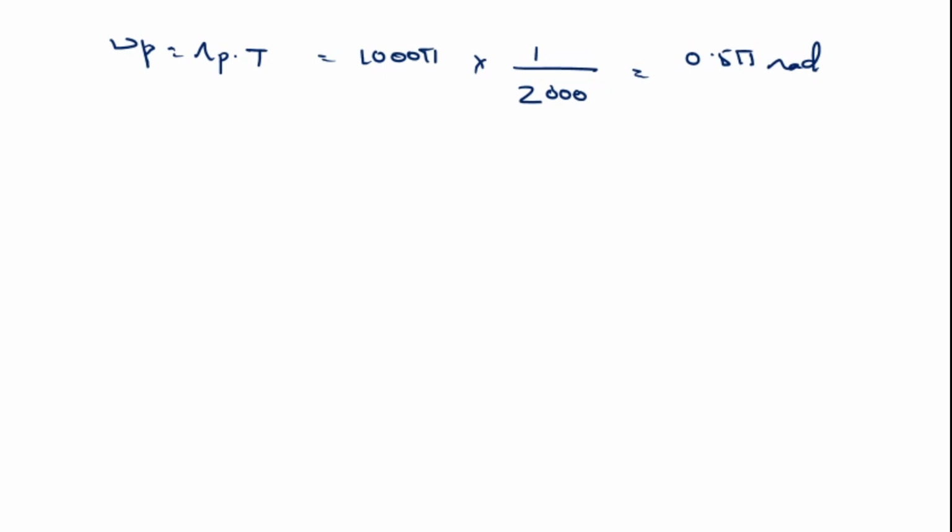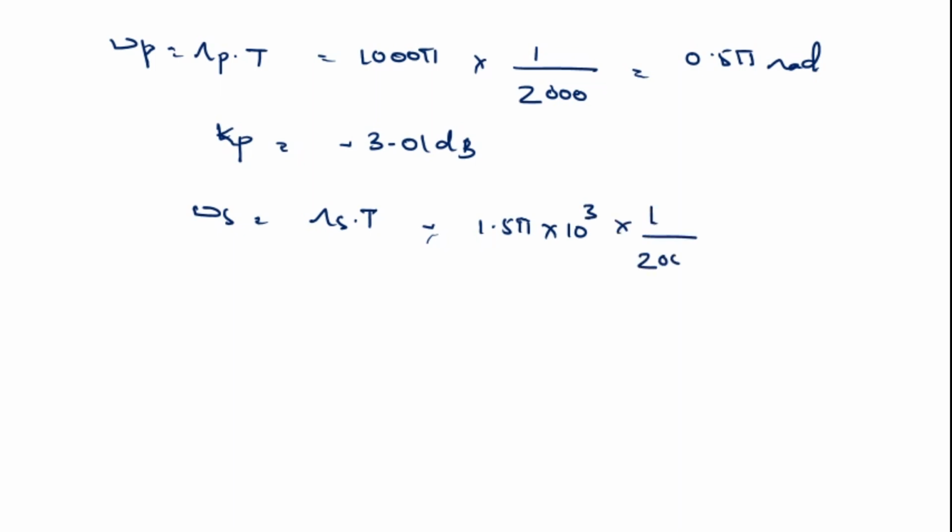Then Kp is minus 3.01 decibels. Omega S is ohm S into T, which is equal to 1.5 pi into 10 to the power 3 into 1 divided by 2000, which is equal to 0.75 pi radian. Ks is minus 15 decibels.